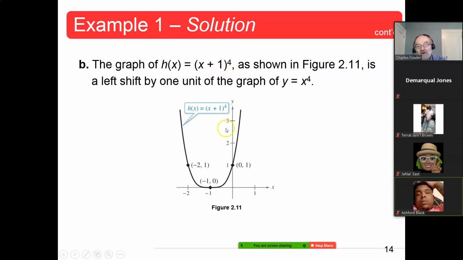Here we have a horizontal shift 1 unit to the left. Remember, everything dealing with the x's is backwards. It's a +1 here, so we moved it to the left one. So your vertex is down here, flatter near the vertex and steeper on either side of the vertex. It's a left shift by 1 unit of the original graph, y equals x to the 4th.